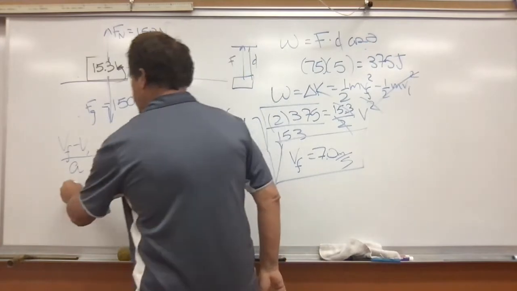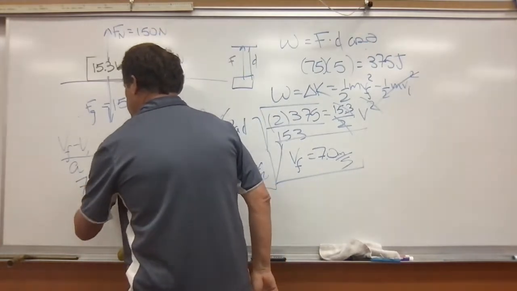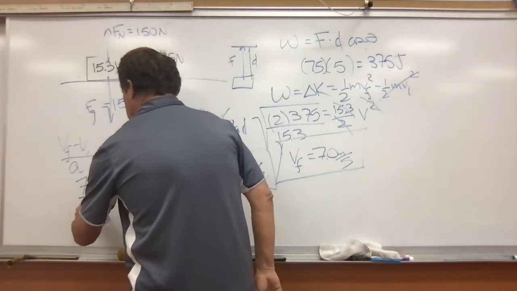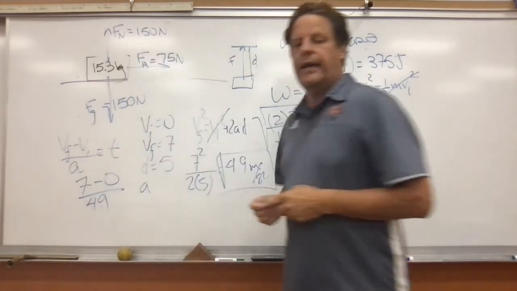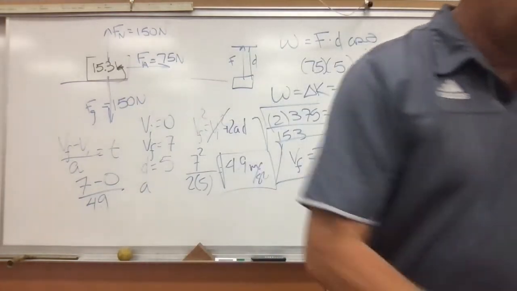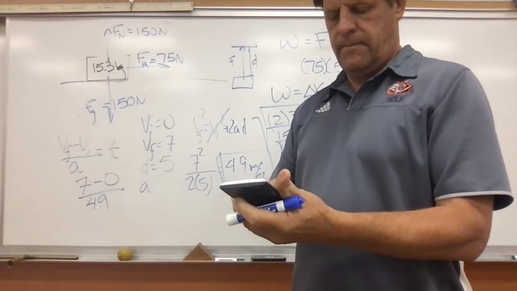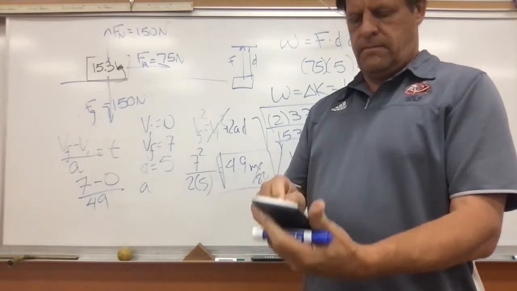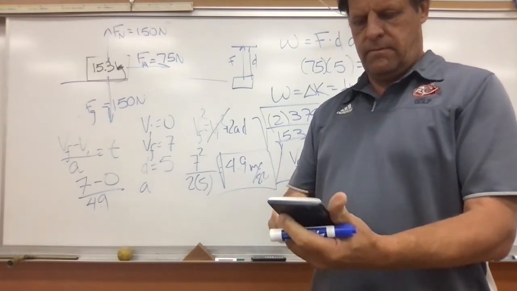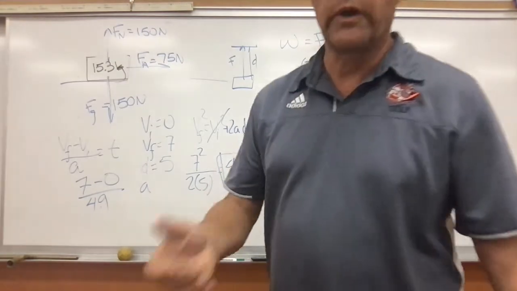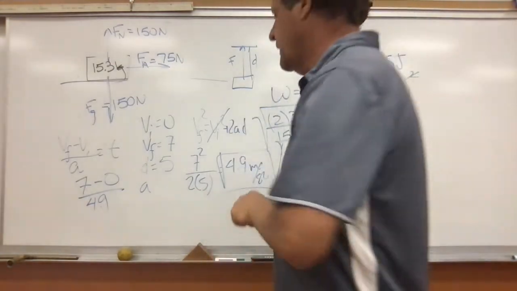So we're going to have 7 minus 0 divided by 4.9, and that's going to give us 1.4 seconds.